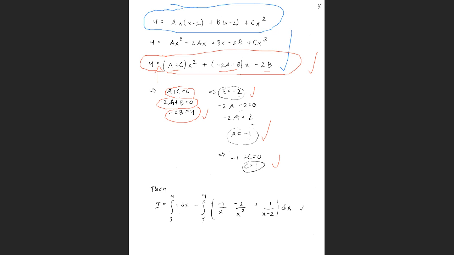And so I end up then with my integral being equal to what we have at the bottom here. The negative 1 is equal to a. I mean, this is absolutely beautiful, right? The negative 2 is equal to b. And then 1 is equal to c.